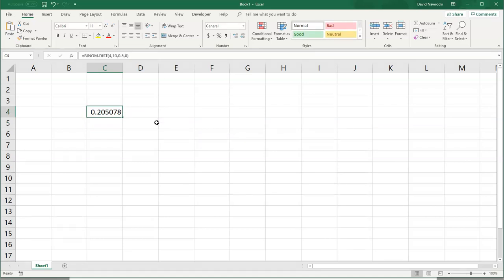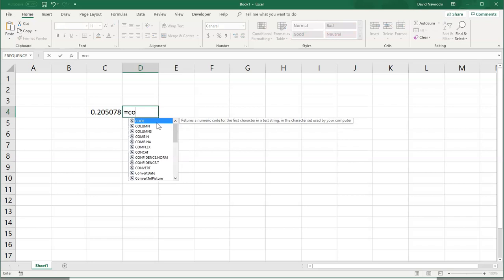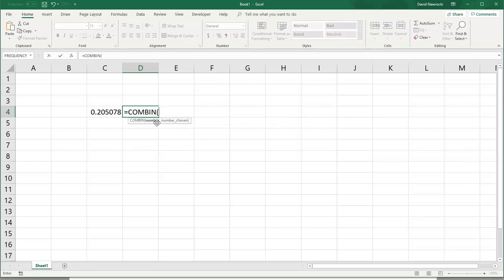Now notice we could have entered the formula nCx, so I could have typed in combin(10, 4) times 0.5 raised to the 4th power times 0.5 raised to the 6th power.